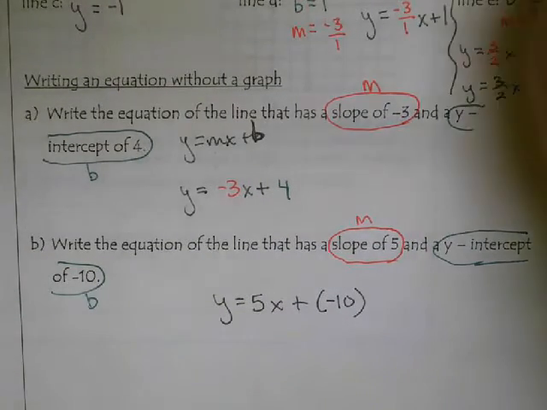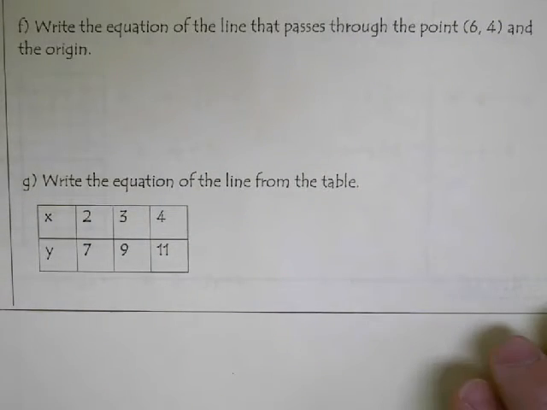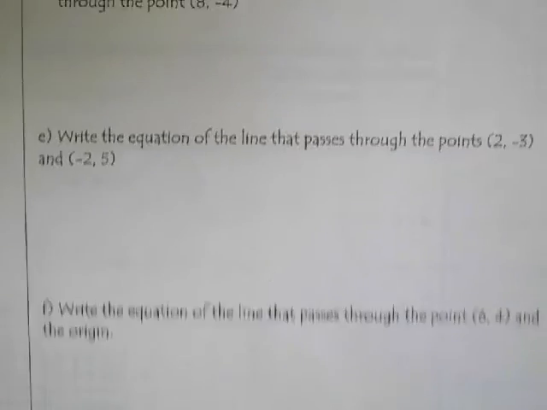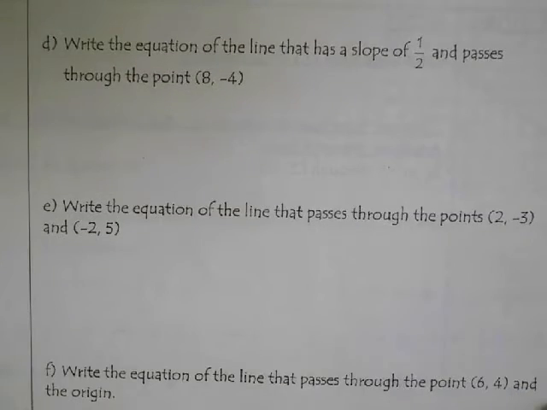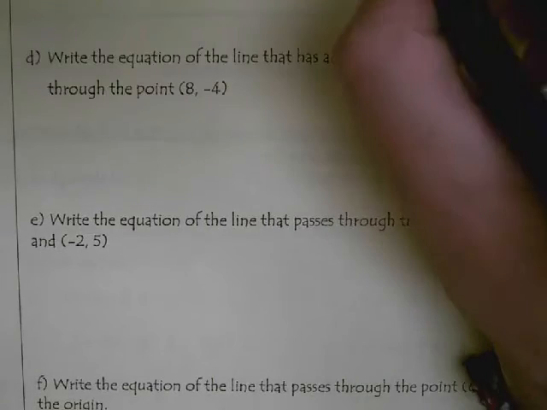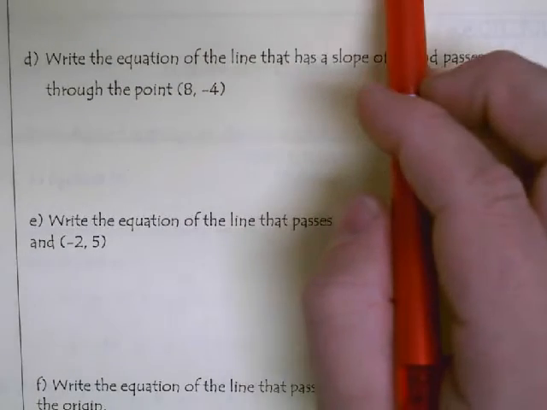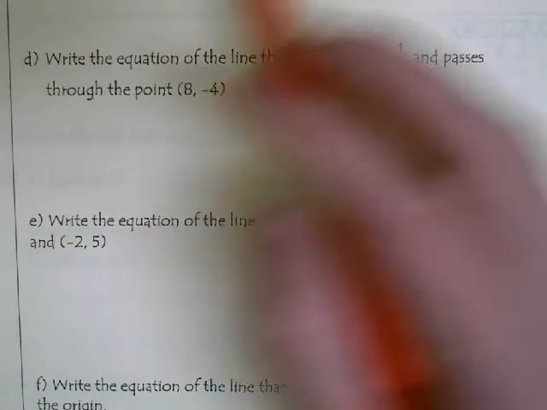Okay, let's turn to the next page in our notes. Now these are a little interesting because we have to actually do a little algebra to find our y-intercept. Write the equation of the line that has a slope of -3 and passes through the point 4, 1.